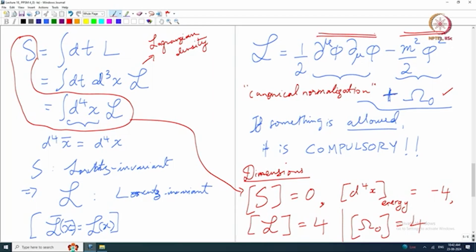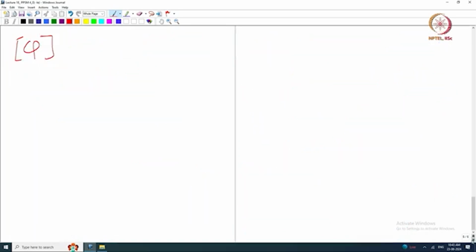There are two space-time derivatives, and remember length and time have inverse dimension of energy. So this is inverse length, right? There's an x mu in the denominator, another x mu in the denominator. So again it tallies, correct? The field squared has dimensions of energy squared. So the field has dimensions of 1.